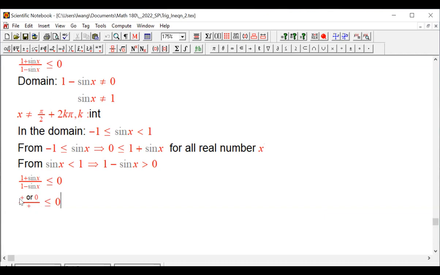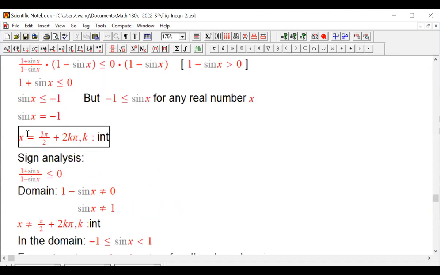Positive over positive is going to be positive, right? So only 0 over positive can make it equal to 0. That's why we ended up with the numerator has to be 0 to make it true.